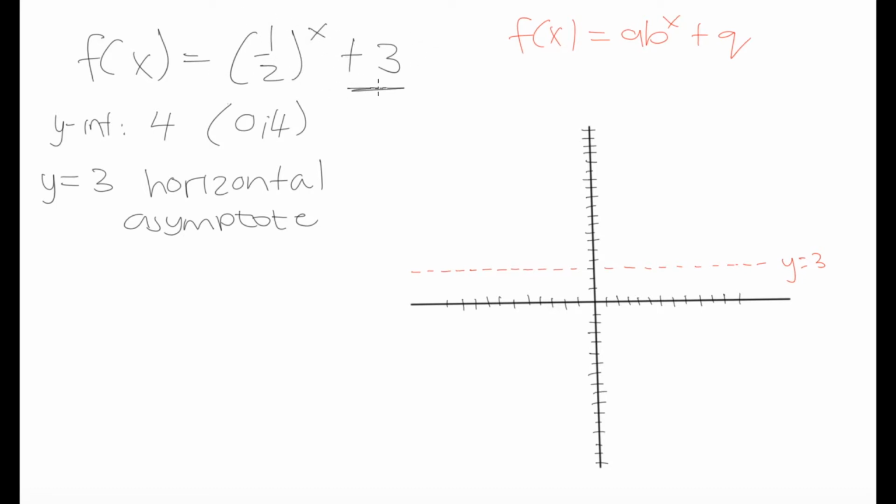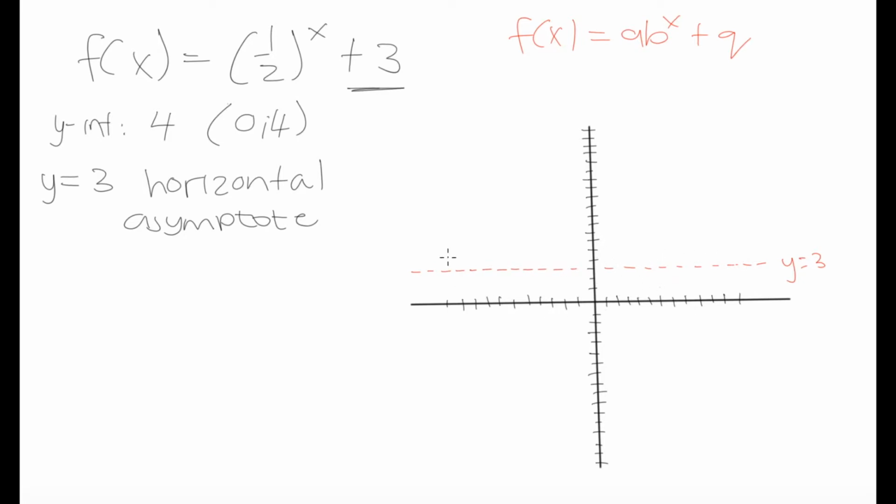But because we're adding 3 here, we're going to be adding an increasingly smaller number that's approaching 0 to 3. And that means that on this side of the axis where we have our positive x values, we're going to have something that is going to be above 3, but very closely approaching 3.